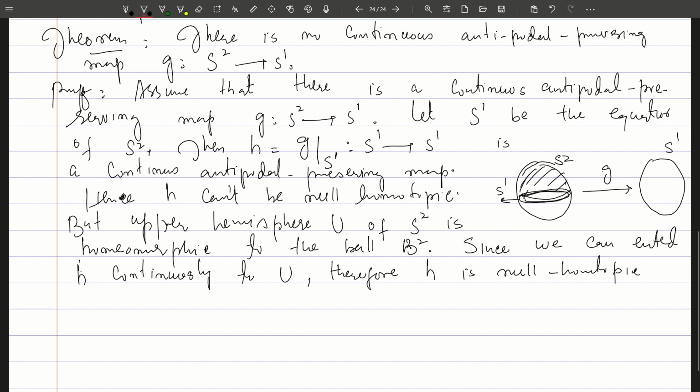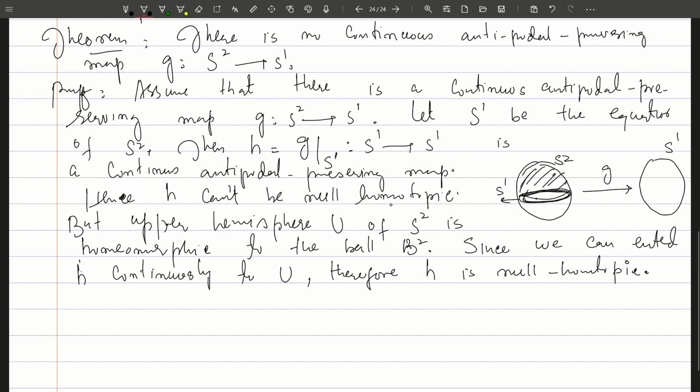So one can note here we have this map H defined on this S1, and this H is nothing but the restriction of the map G from S2 to S1 to the equator, which is in this case the circle. So therefore H is null homotopic.